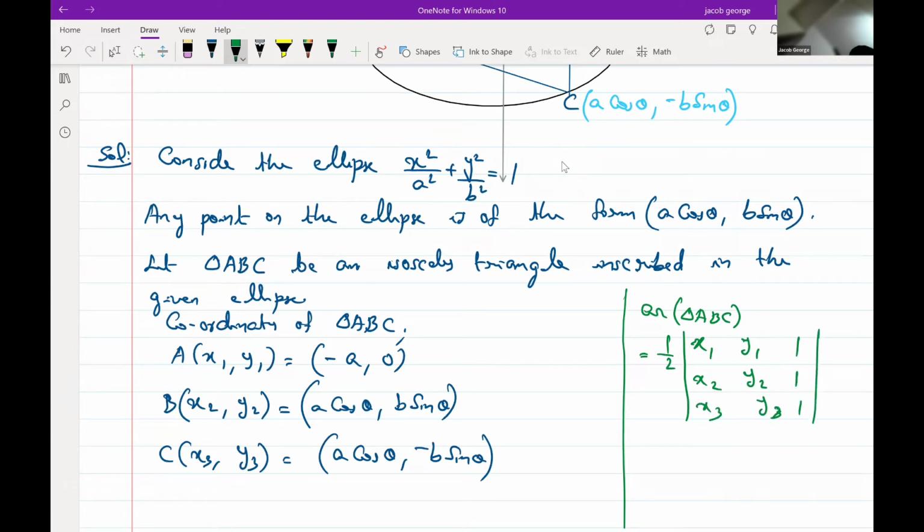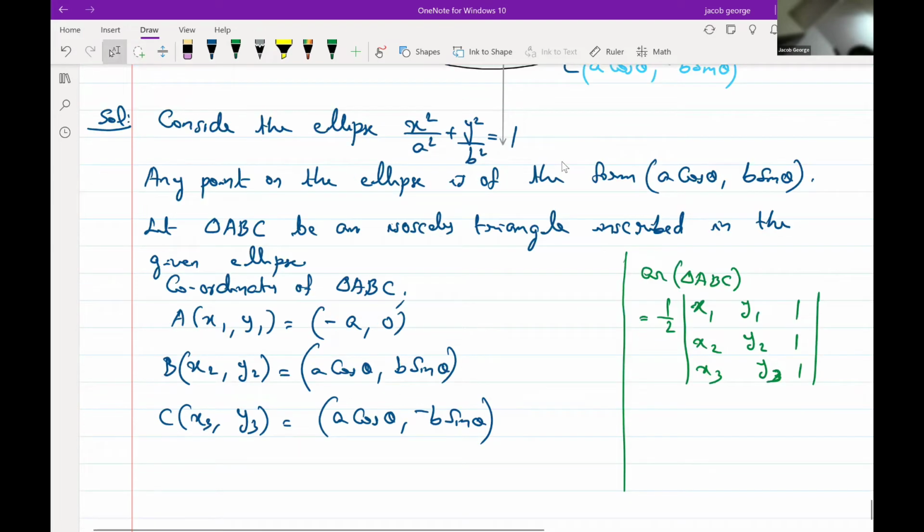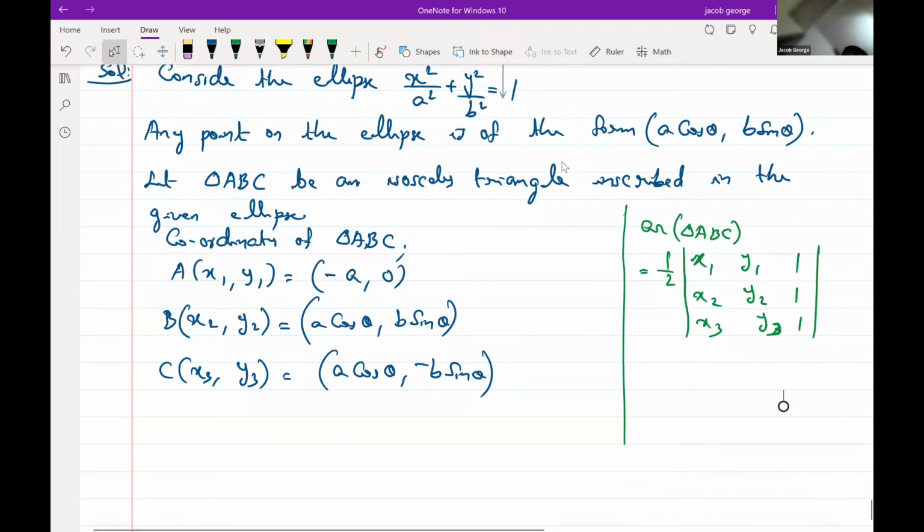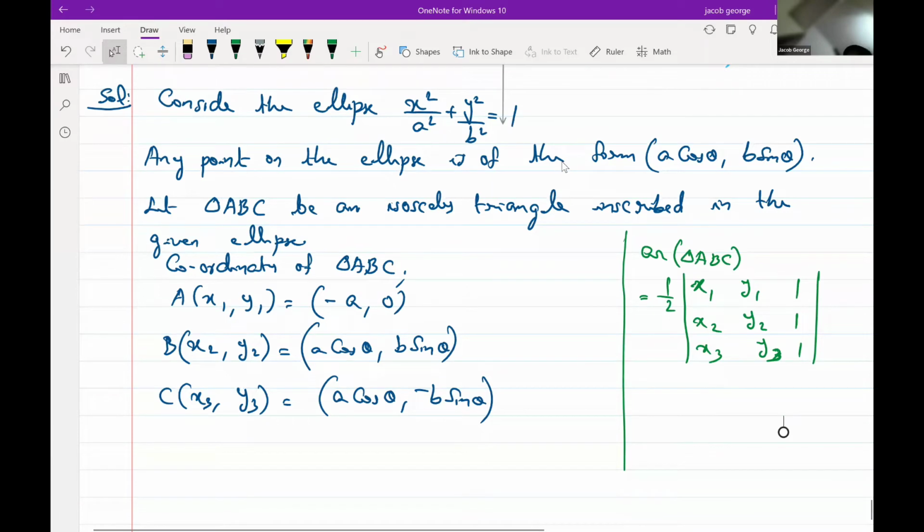Either we can substitute in this determinant formula and expand, or the expanded form also can be used. So what will be easy for you? I will substitute in this determinant formula and simplify.